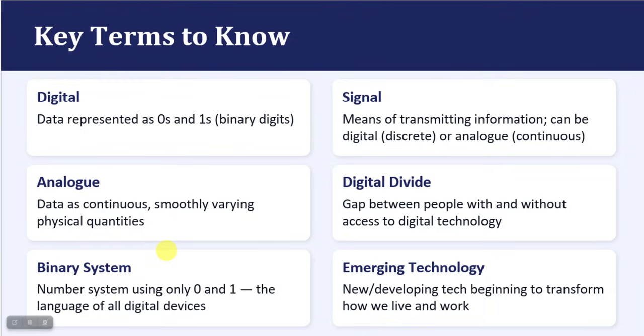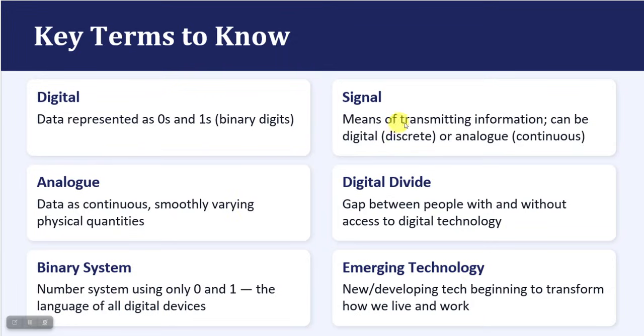Before we go further, let's lock down some important vocabulary. You will need these words for the rest of the lesson and for your exams too. Digital means data represented as zeros and ones, which are the binary digits. Analog means data represented as continuous, smoothly varying physical quantities.